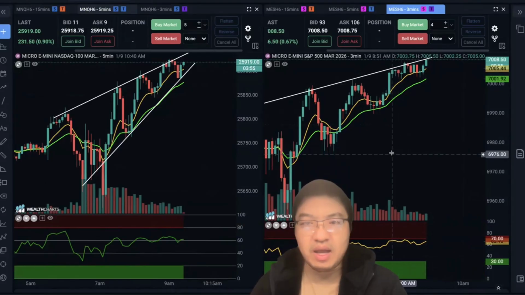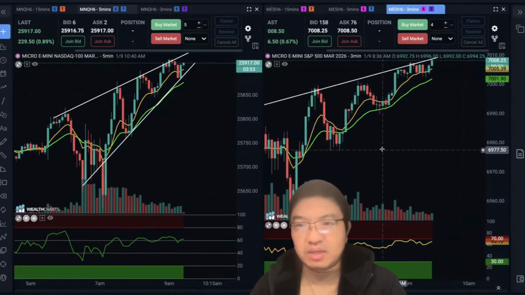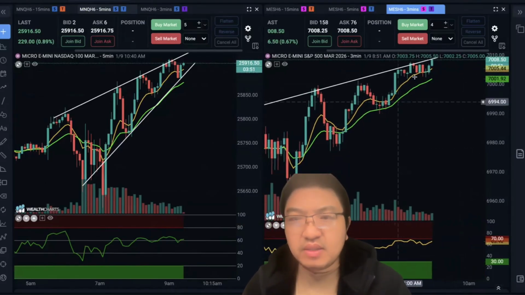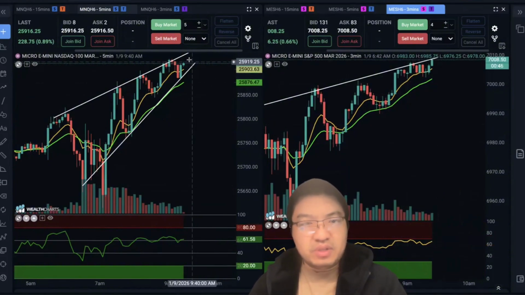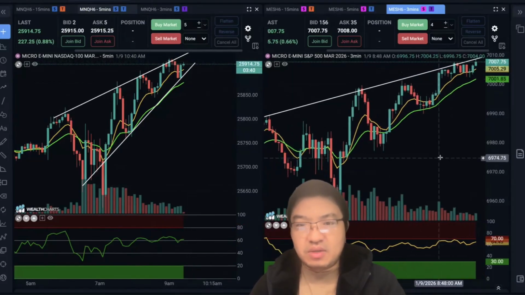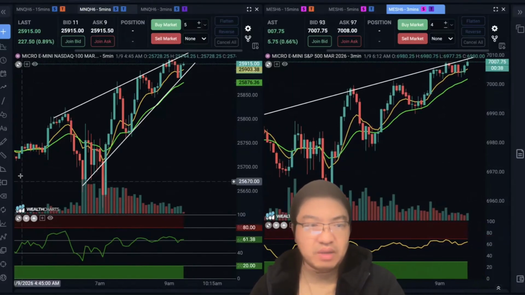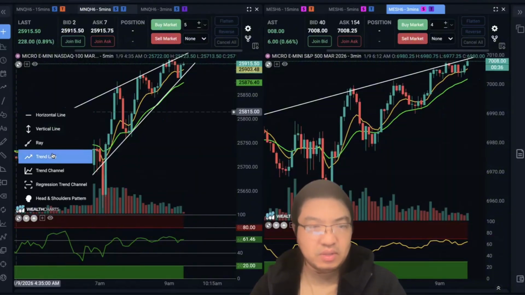Okay, still to the upside. ES breaks to a higher high, but NQ is still in the range, hesitating and not breaking anything. So not sure if that means some divergence.